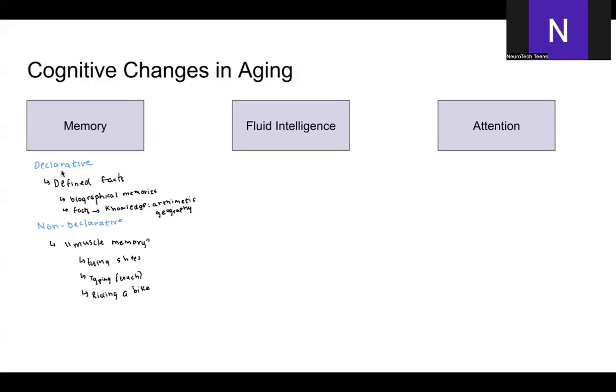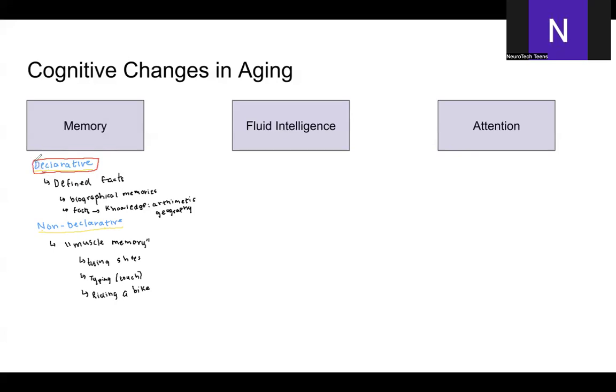And now I want you guys, knowing the definition of both declarative and non-declarative memory, to identify which one will decline with aging. If you said that declarative memory will start to decline with age, then you are correct.